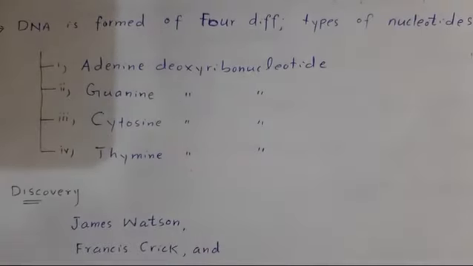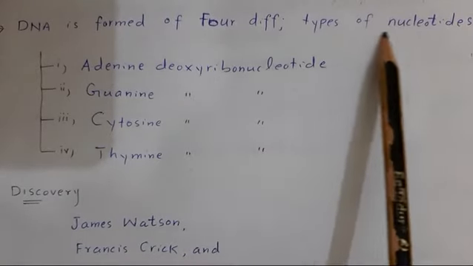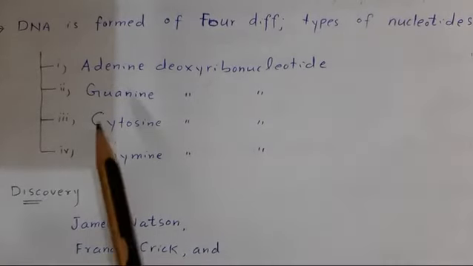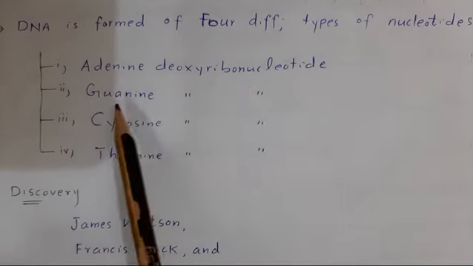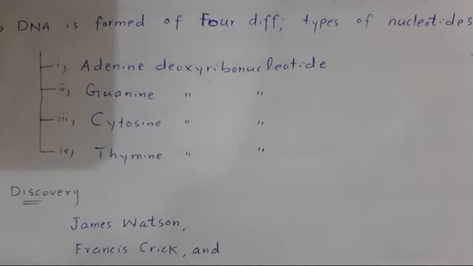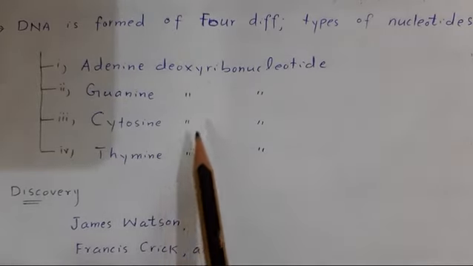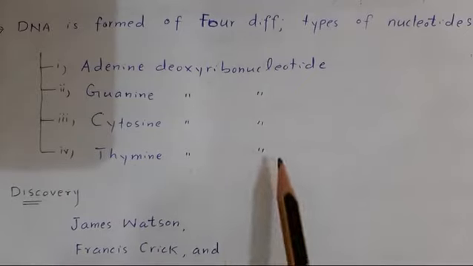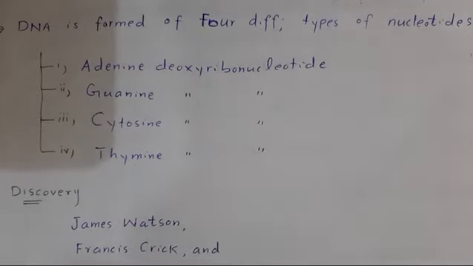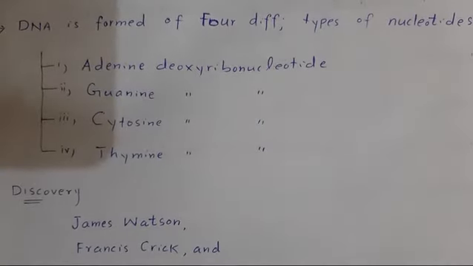DNA is formed of 4 different types of nucleotides: adenine deoxyribonucleotide, guanine deoxyribonucleotide, cytosine deoxyribonucleotide, and thymine deoxyribonucleotide. So DNA is made up of these 4 different types of nucleotides.